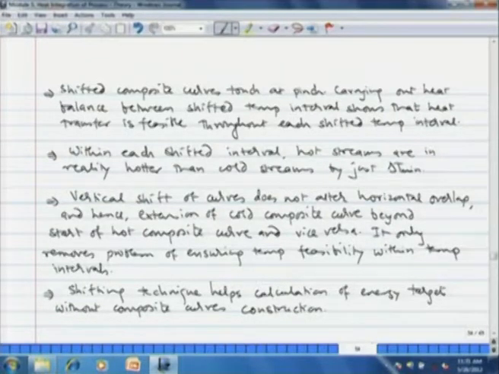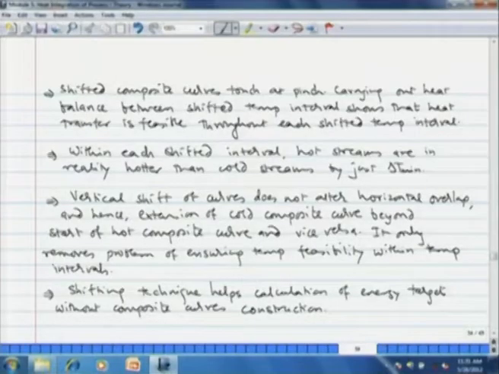In the previous lecture we saw how we can shift the composite curves horizontally and set the minimum temperature difference between the streams, but when you reduce the temperatures of hot streams by delta T min by 2 and increase the temperature of the cold streams by the same quantity, then the difference between the two streams reduces to 0, and the shifted composite curves touch each other at the pinch.